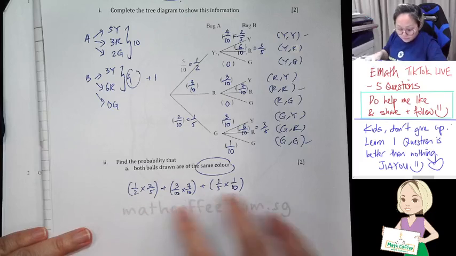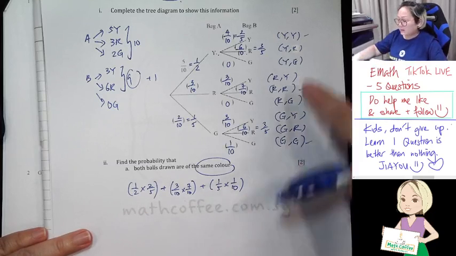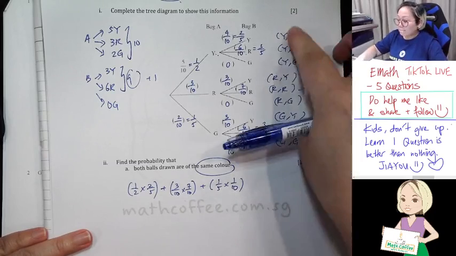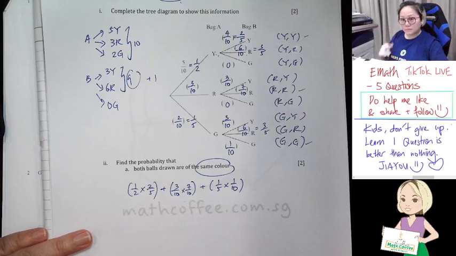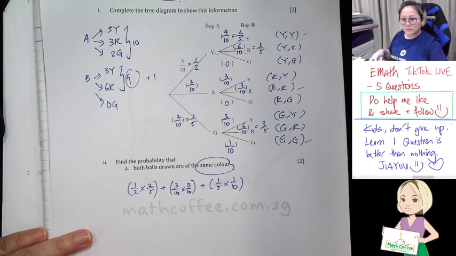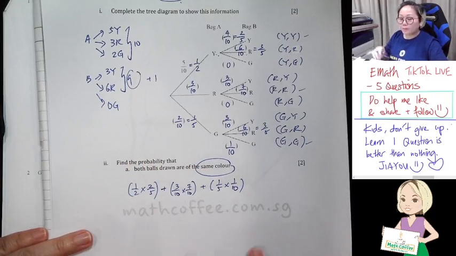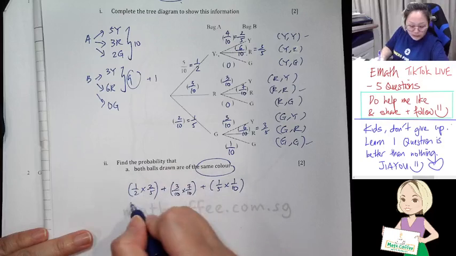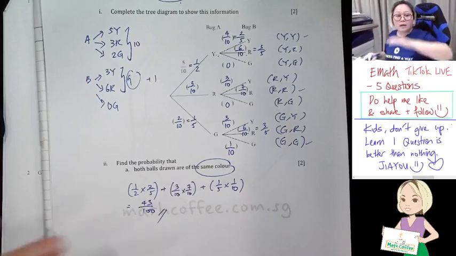So I have 3 different events, that means different event is plus, happens together is multiply. This one got no replacement, but it's placed into bag B. Okay, so after I press the calculator, everything, you will get 43 out of 100. Okay?